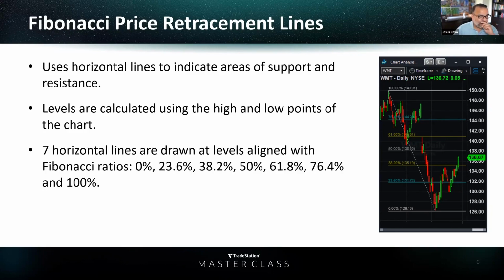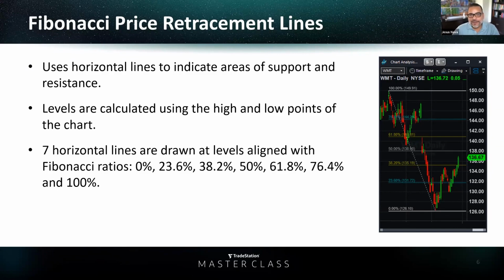There are 7 horizontal lines aligned with Fibonacci ratios. So you have the 0%, which is where you initiate or where you end the distance. Then you have the 23%, 38, 50, 61, 76, and 100.